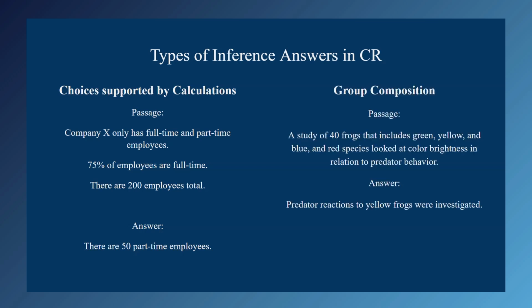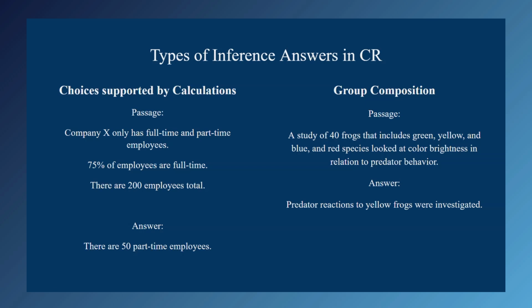Next up, group composition. These are inferences based on group membership or subgroups, that sort of thing. These are based on specific characteristics of a group described in the passage.